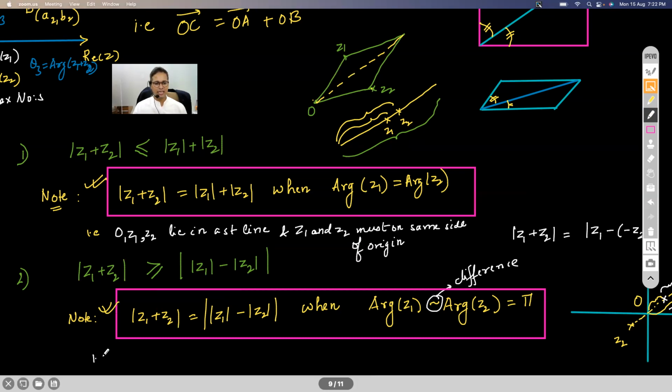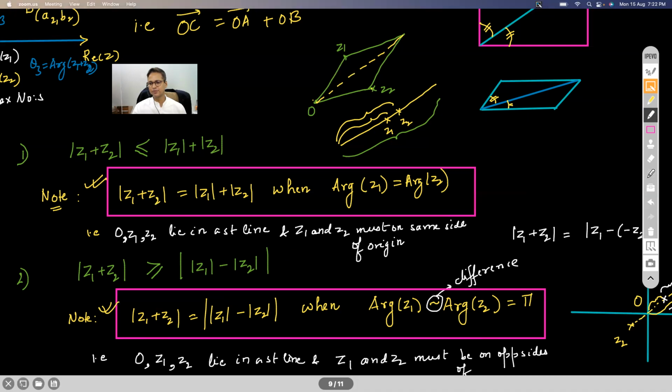Here, O, comma, z1, z2 lie in a straight line, and z1 and z2 must be on opposite sides of origin. Clear? Any questions?